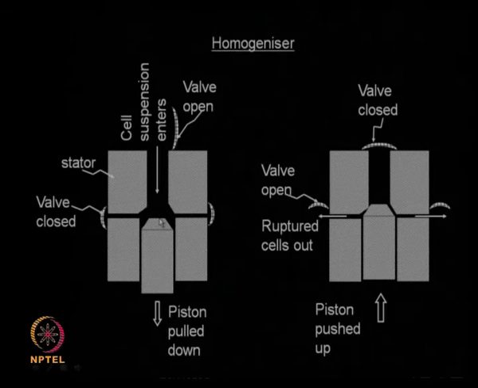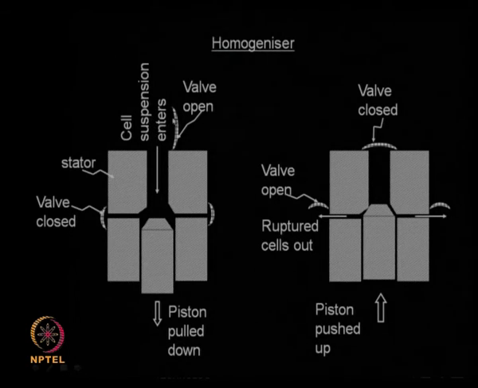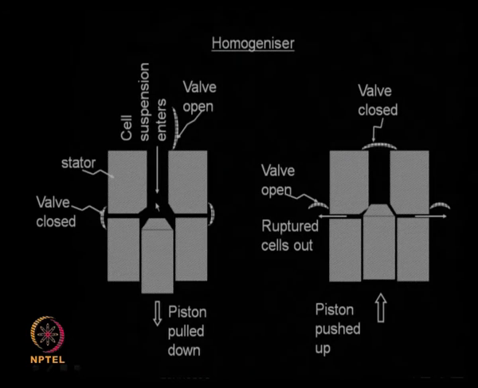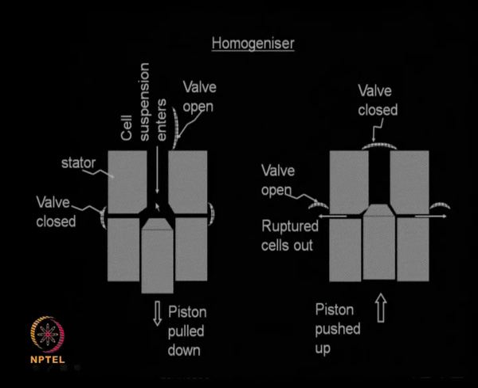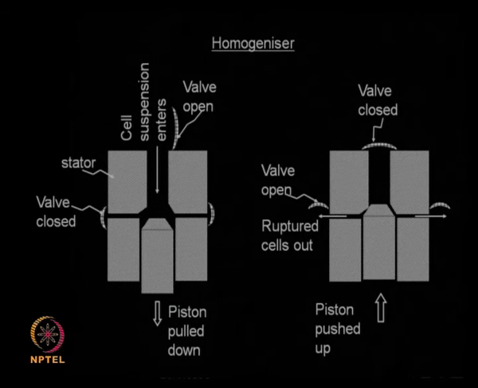The next time when the piston is pulled down, low pressure is created, these two valves close and this valve opens, suspension comes in. So it is almost like the piston in your car, okay. In your car when the piston moves in one direction petrol comes in, when the piston moves in another direction that petrol gets ignited, becomes a gas and so on.